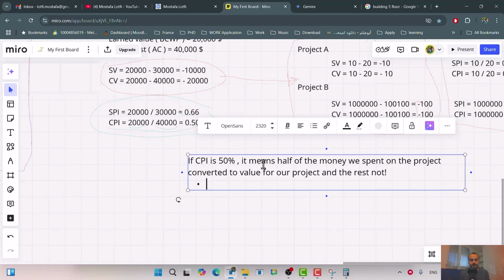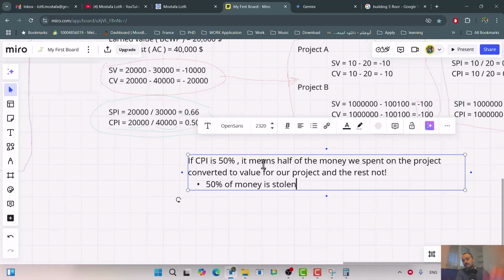I'm trying to explain this with different examples so you get the idea. Let's say you have a very efficient team and your planning is accurate, but after updating your project, you see the CPI is 50%. It also means 50% of the money is stolen.